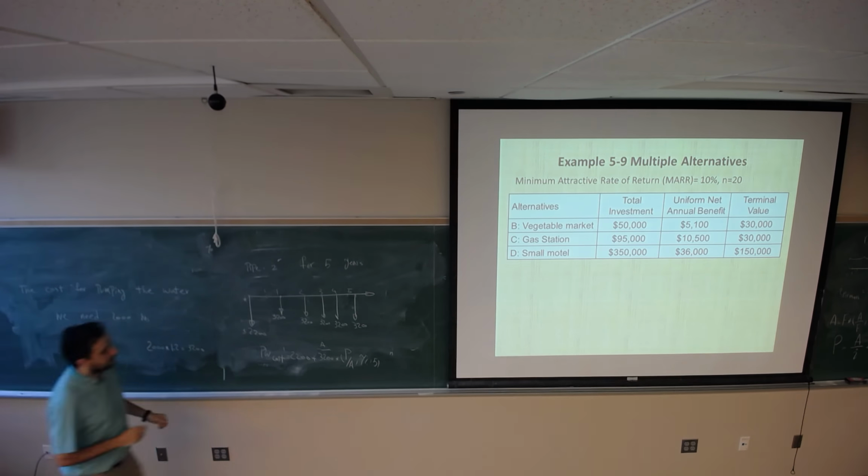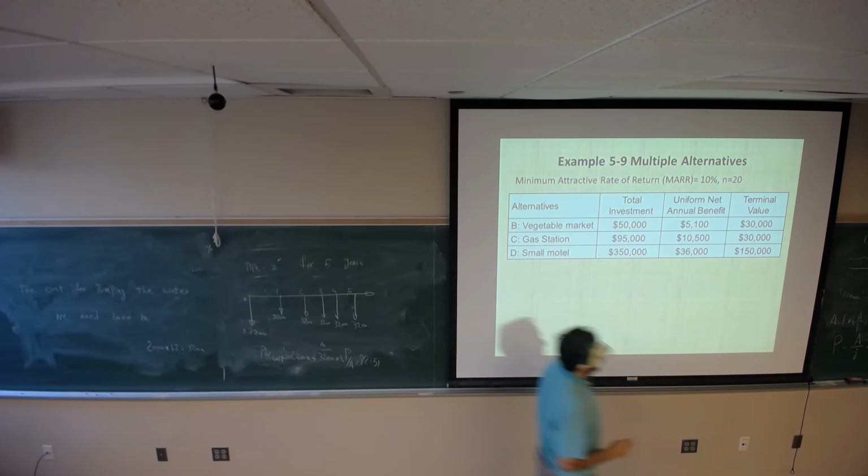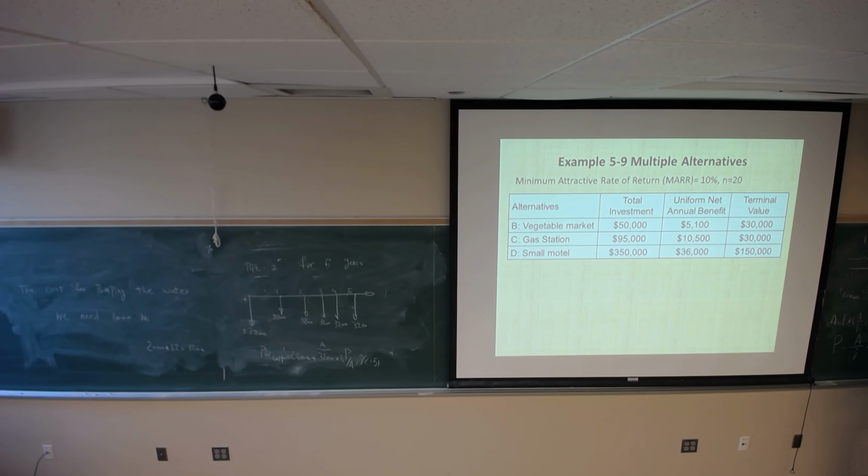So one concept that we are going to learn in this example is minimum attractive rate of return. Let me explain the example and we will define MARR. So suppose you are given 3 options for investment.